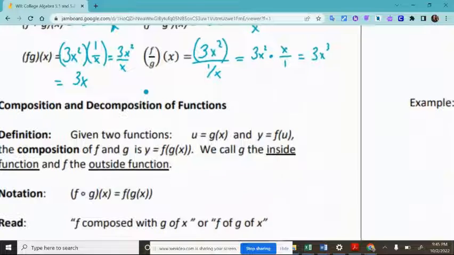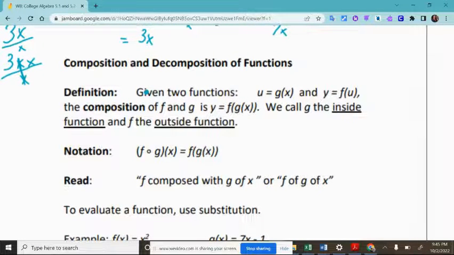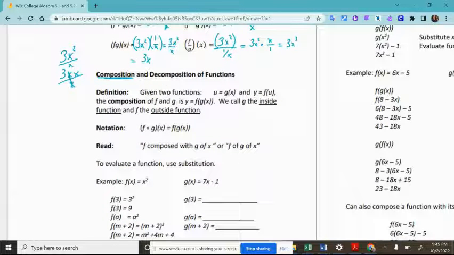All right, now composition of functions. A composition is when you have a function, f of x, but instead of sticking x in there, you stick another function in there, okay? And that's what this says right here. F of g of x.